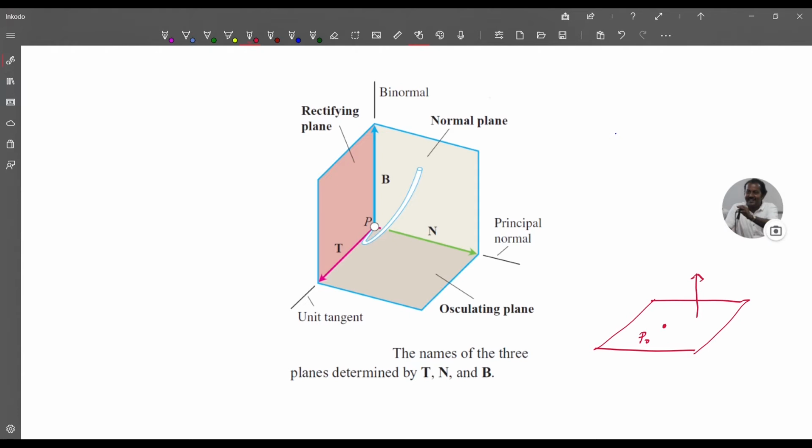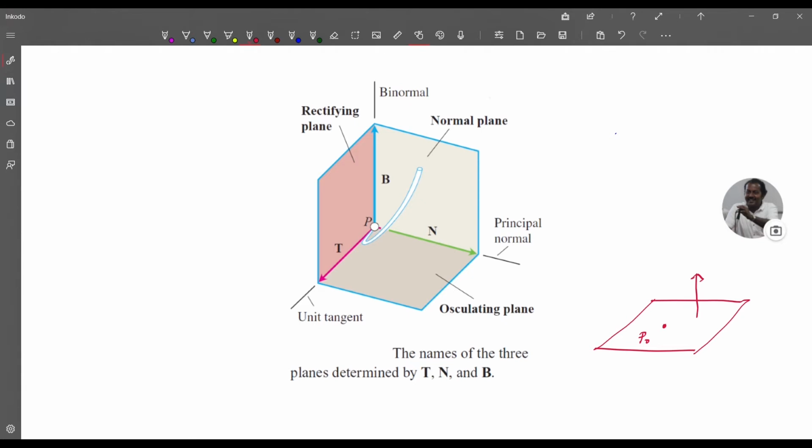To find the equation of the osculating plane, B is normal to the osculating plane, and P is a point on the osculating plane. To find the equation of the normal plane, you know that T is normal to the normal plane, and P is again a point on the normal plane.